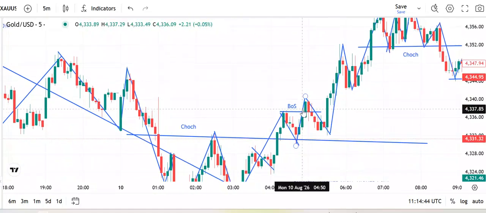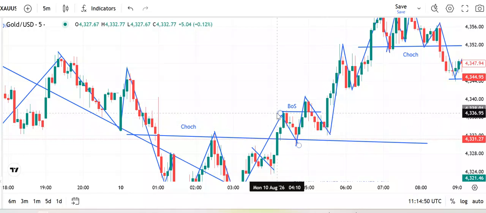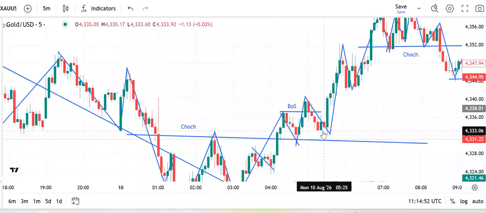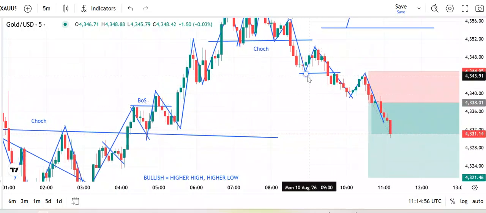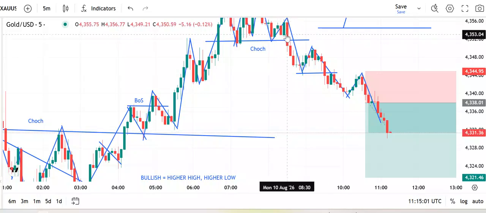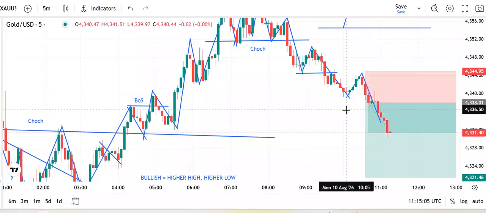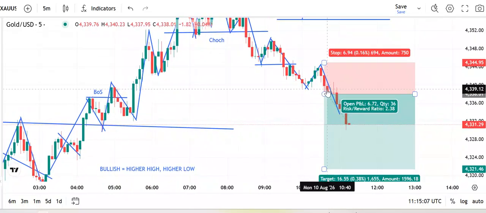If you enter here, you can ride, or you can enter after this second pullback. This is the first pullback, this is the second pullback. You can enter here. Now this is the first pullback after breakout. This is the second pullback. You can enter here. This breaks the structure, and that's what I did here.